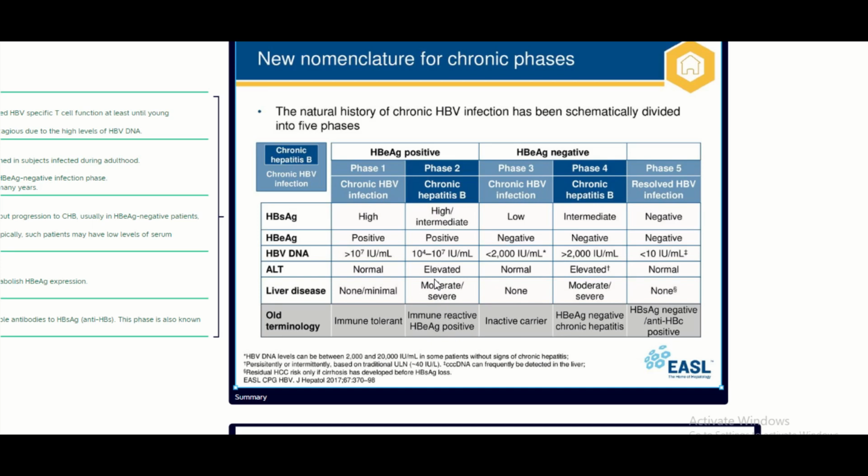Here it's what used to be called immune tolerant, and here it's immune reactive. We are having a reaction, an inflammatory reaction in the liver, which will lead to high ALTs and will lead to a decrease in HBe antigen, DNA, and HBs antigen.